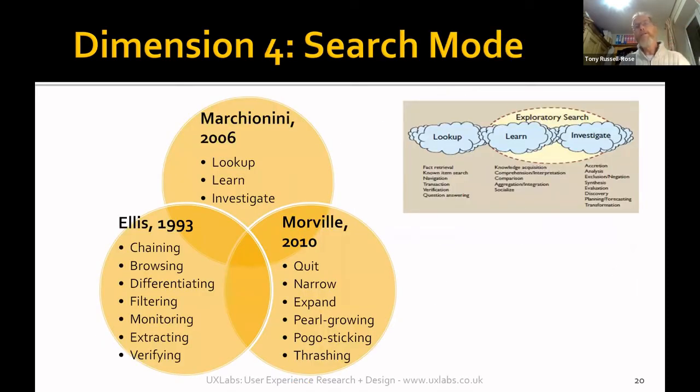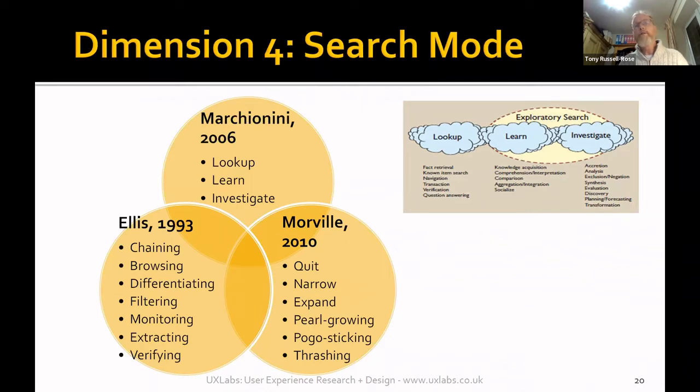And then the fourth dimension of the search experience is what we've referred to as the search mode, which is the kind of how the user is going about their information seeking task. And there is a significant body of academic work here dating back to Ellis's work in 1993 and probably before that. You see these characterizations of search behavior here, chaining, browsing, differentiating, and Marchionini's very influential work from 2006 illustrated in that graphic over there, top right, and practitioner work as well.